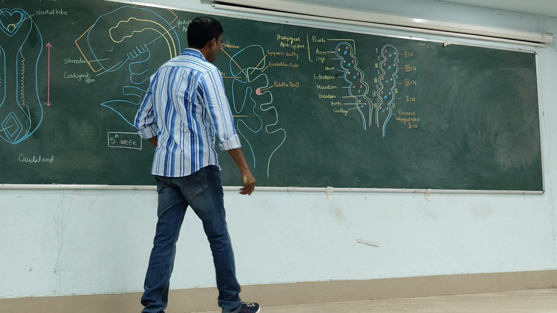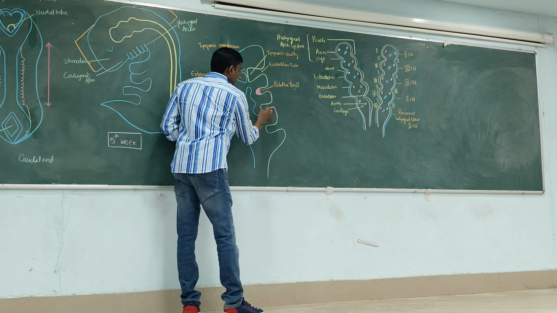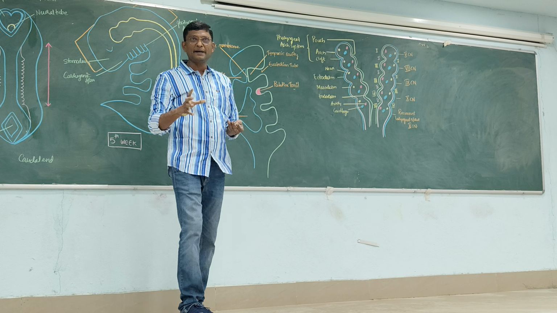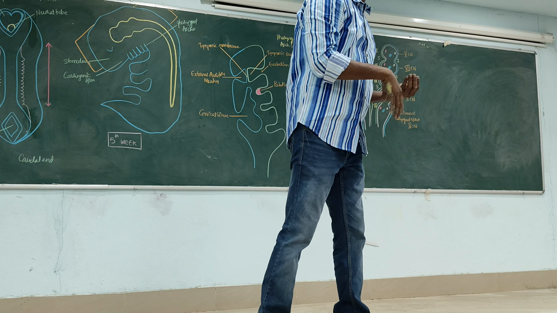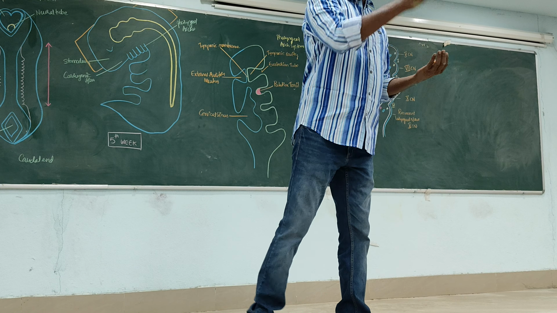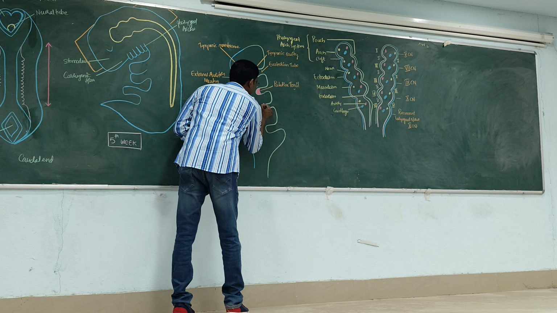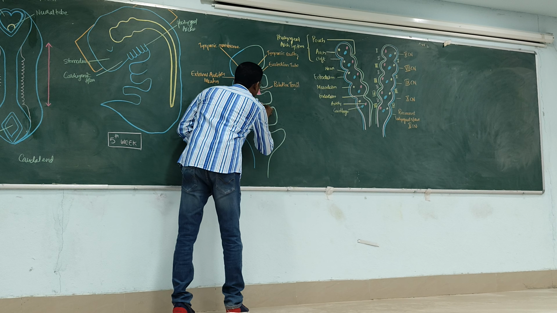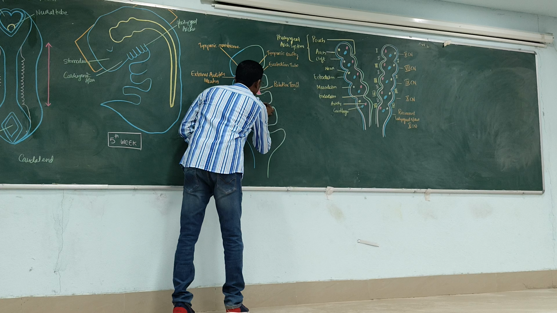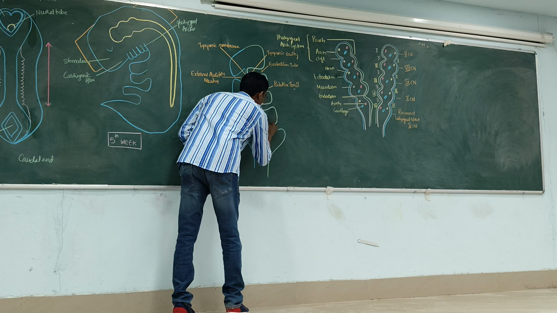Clear? And now, this third pharyngeal pouch will expand dorsally and ventrally. In the same way, the fourth pharyngeal pouch also will expand dorsally and ventrally. So I am just going to show you those dorsal and ventral expansions. This is the dorsal expansion of the third pharyngeal pouch, like this, and this is the dorsal expansion of the fourth pharyngeal pouch, right?